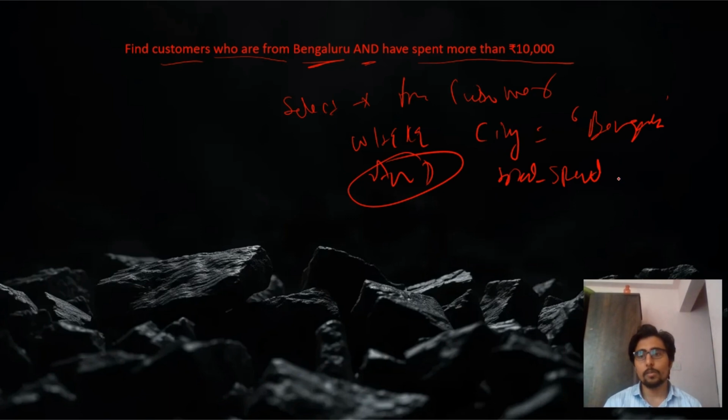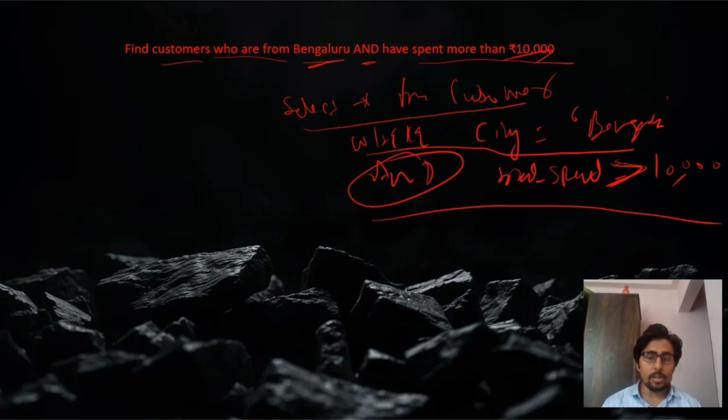Total spent is greater than, right? So greater than how much? 10,000, as mentioned over here. So this is the way we can solve this kind of query, right? I hope you got it. Now we'll discuss some other things along with that. I mean, for OR and all other filtering, we have examples for all to make it look easier.